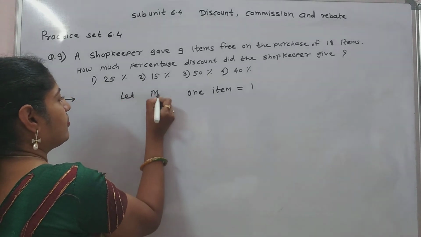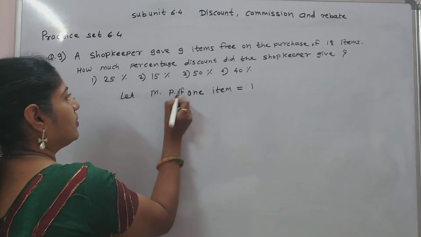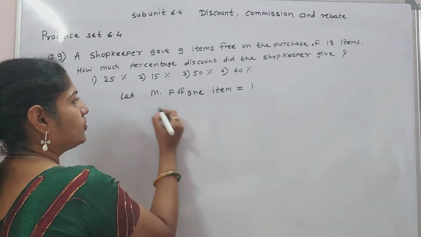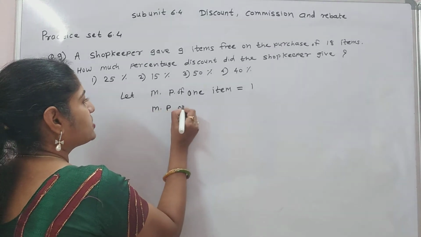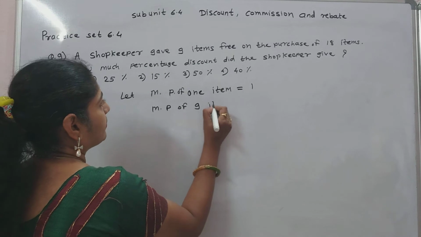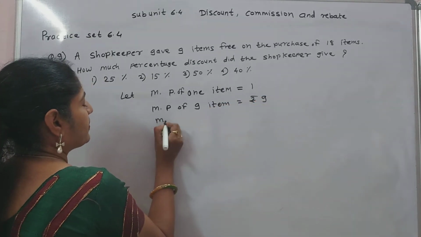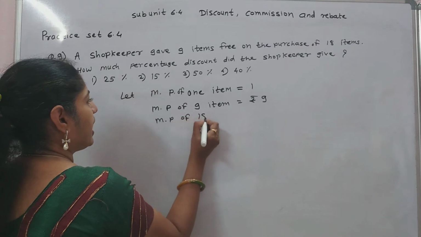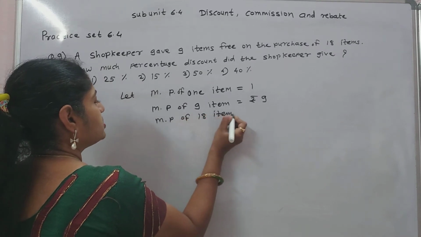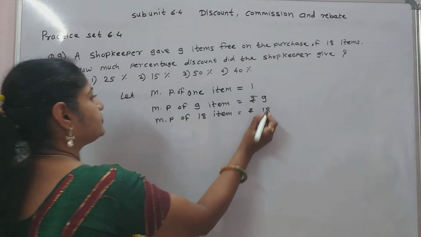Let the mark price of one item equal 1. So the mark price of 9 items is rupees 9, and the mark price of 18 items is rupees 18.